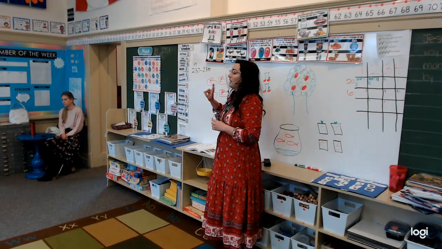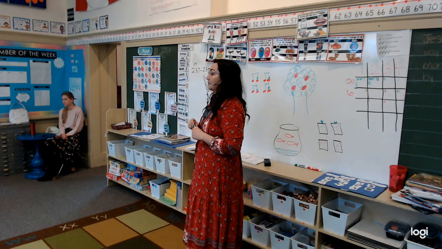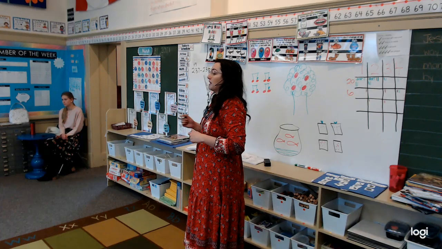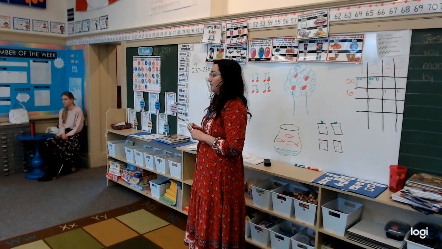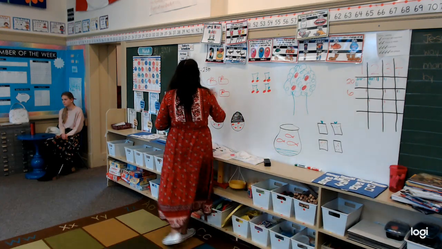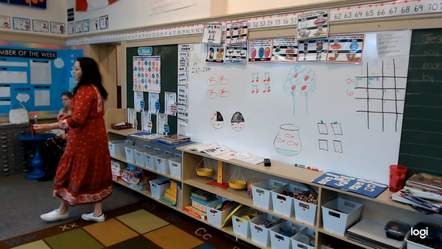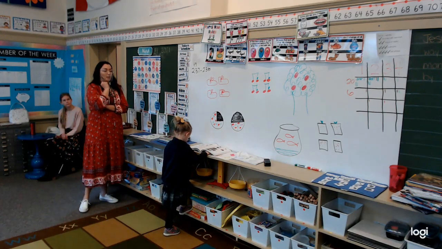Tirza. How many shoes would be in each part? 2 in each. Can I do it? Yeah, sure. You can come on up and do it. You can circle 2 groups of 2. So a pair of shoes would be in each group.